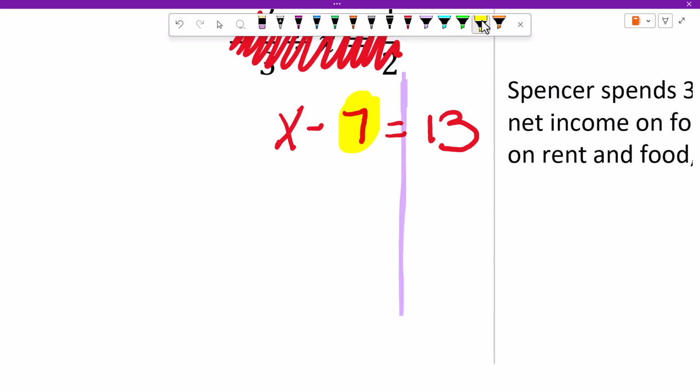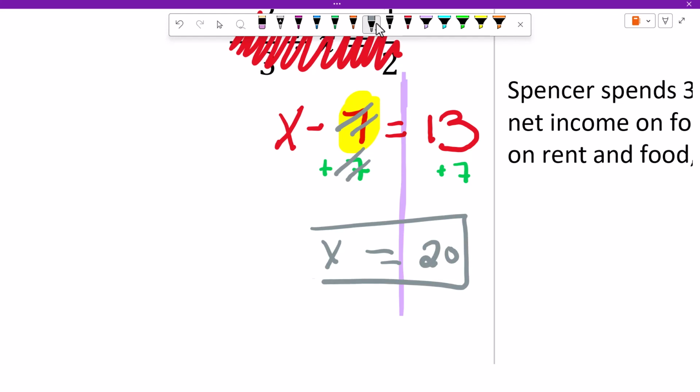What's the operation between the x and the 7? It's subtracting, so the opposite is plus 7. We go plus 7 right underneath it, and plus 7 on this side. The reason we do that is negative 7 and plus 7 make a 0, so those cancel each other out. On the other side, we do the calculation: 13 plus 7, we get 20. There we go.